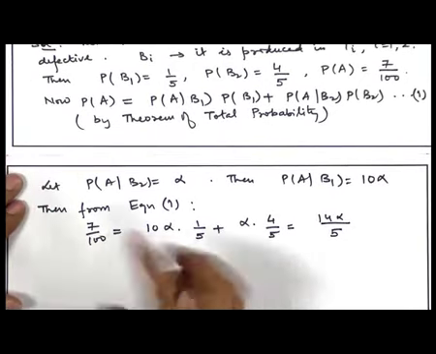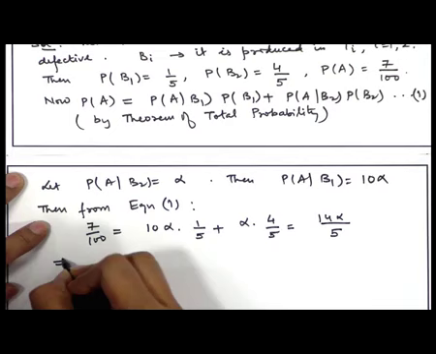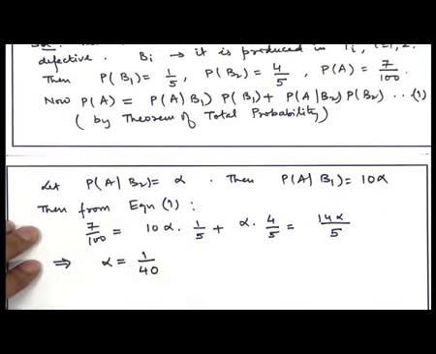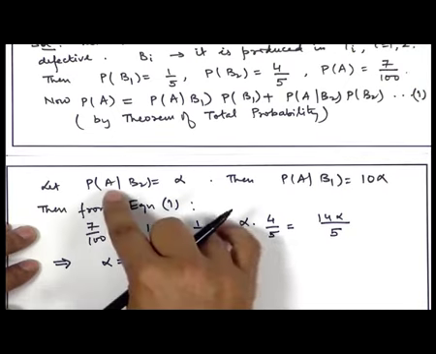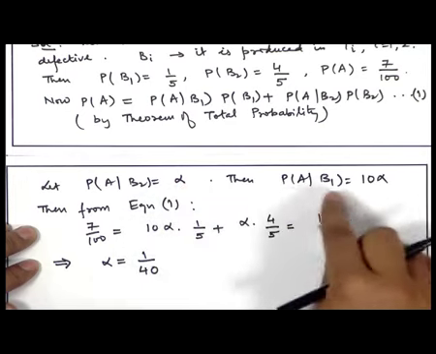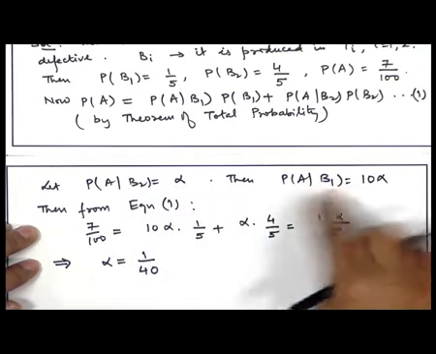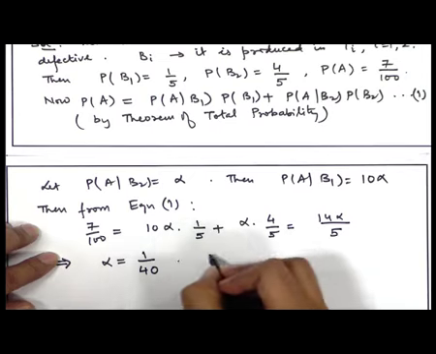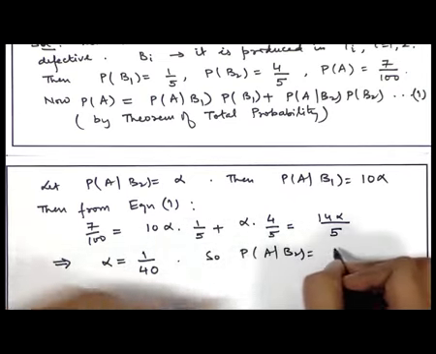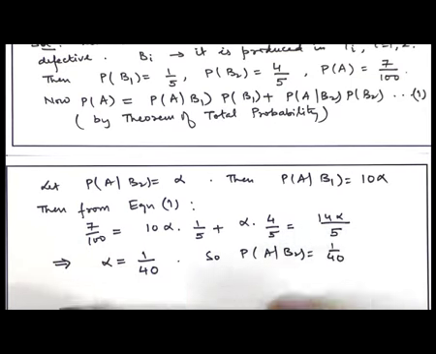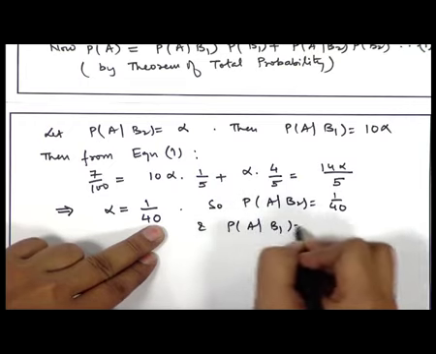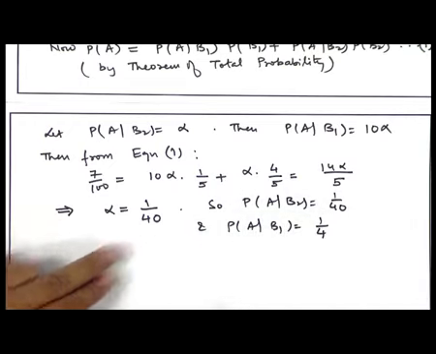We can easily simplify this, which gives alpha equal to 1 by 40. So, I have evaluated probability of A given B2 as 1 by 40 and probability of A given B1 as 1 by 4, that is 10 times this.